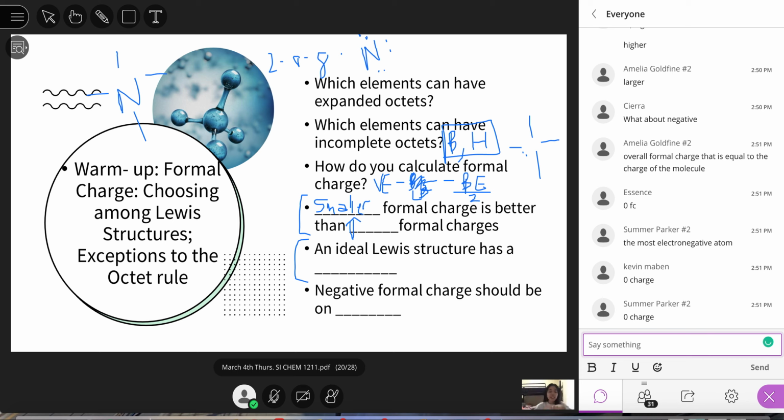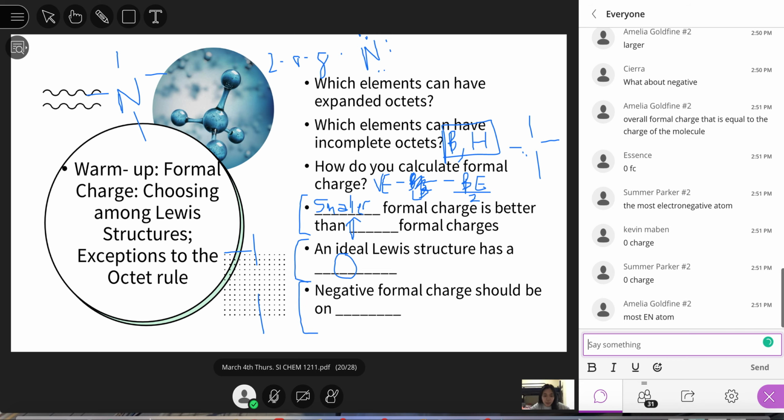But I would just suggest writing out the formal charge. An ideal Lewis structure is a 0. You don't want negatives. If it's positive versus negative, they're both equally just as bad. You want 0, because that's supposed to be perfect, there's no flaws in it. And that's probably the most correct resonance structure.